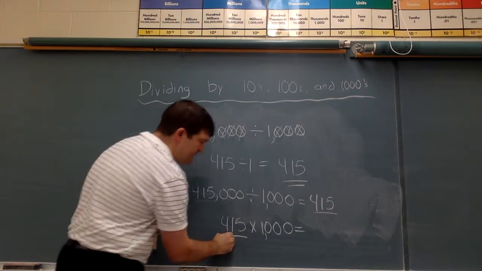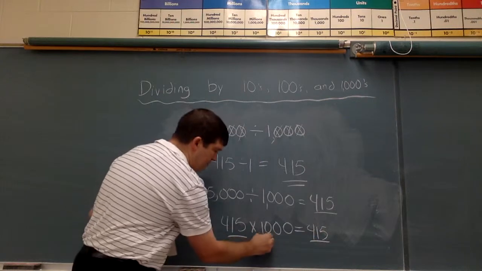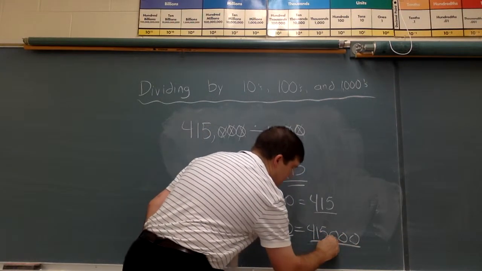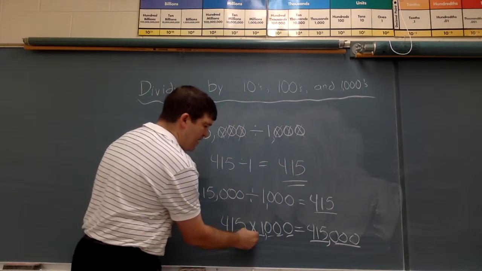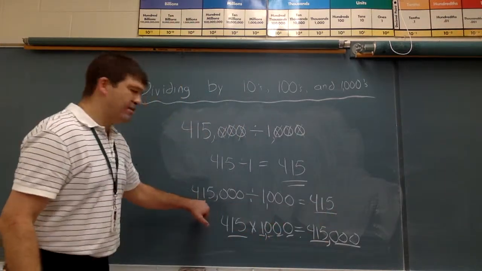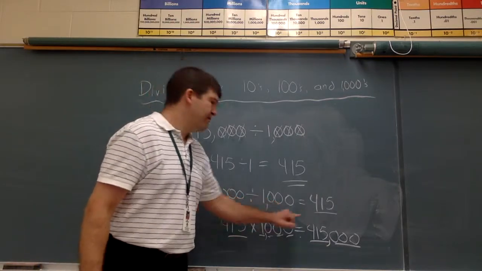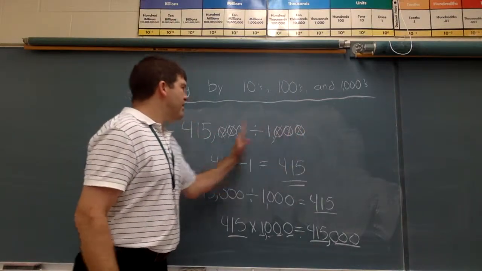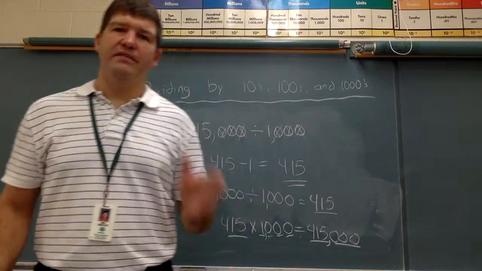So I got my 415 times 1, 415, and then I have 1, 2, 3 zeros, and I put my comma there. 415 times 1,000 equals 415,000, which is what I started with over here. 415,000 divided by 1,000 gets me 415. And it makes it so much simpler when you can cross out zeros from each number, starting with the ones to the tens to the hundreds.